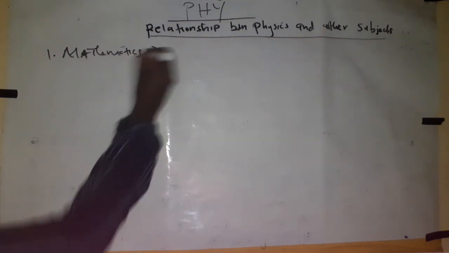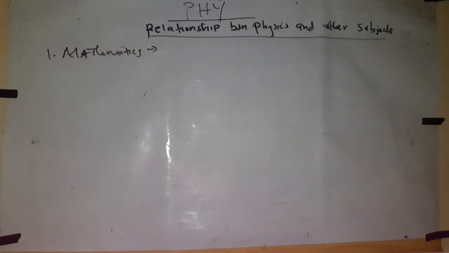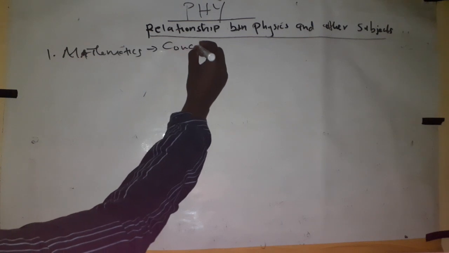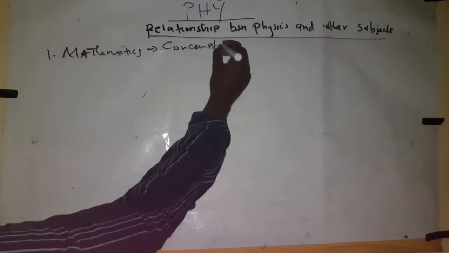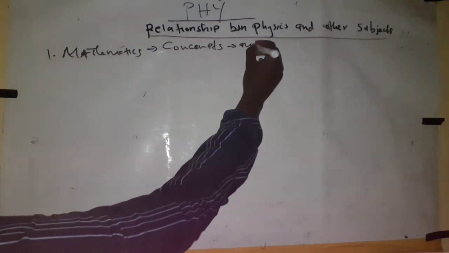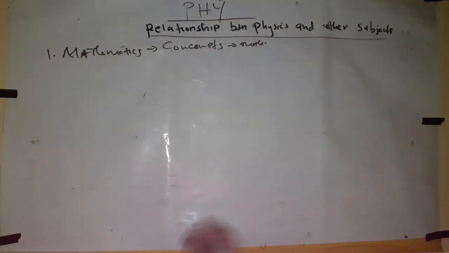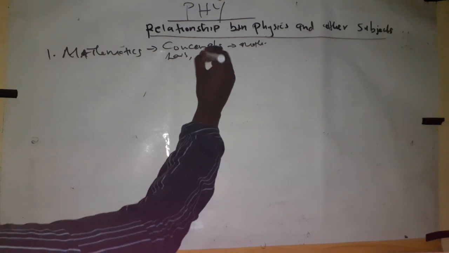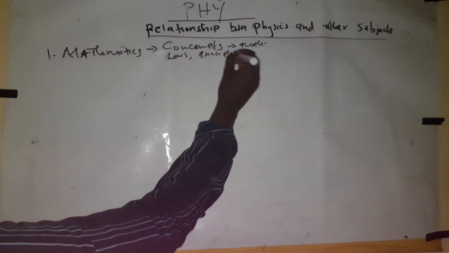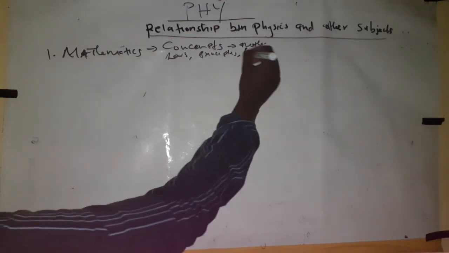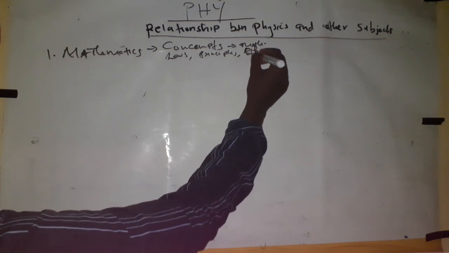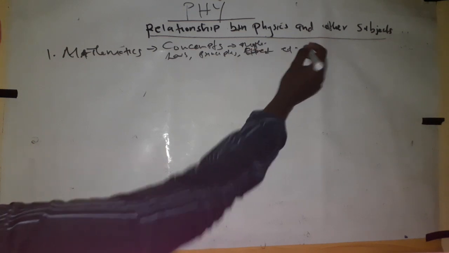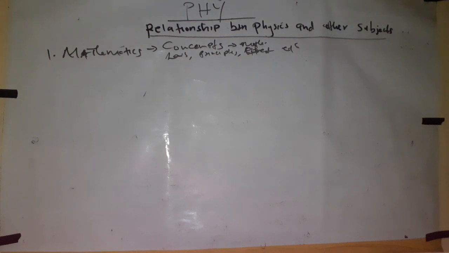This is how they are related. Many concepts in physics are expressed mathematically, like for example laws, principles, and effects. So that's how physics is basically related to mathematics.